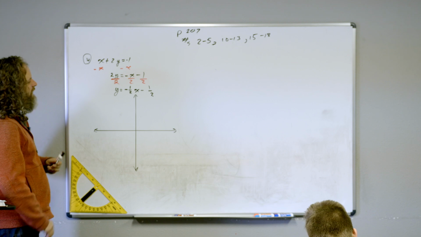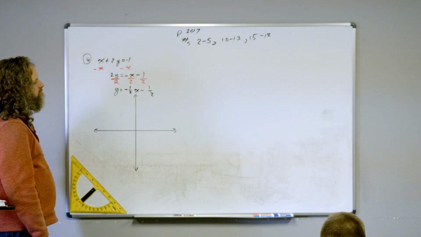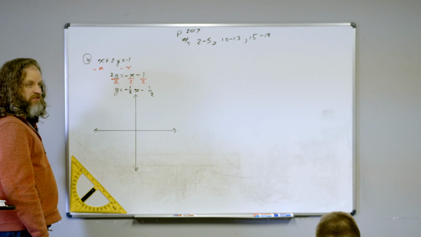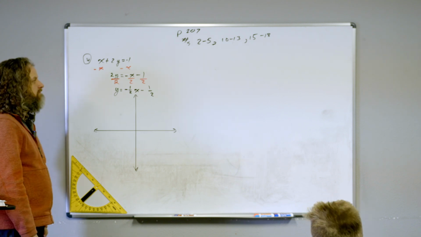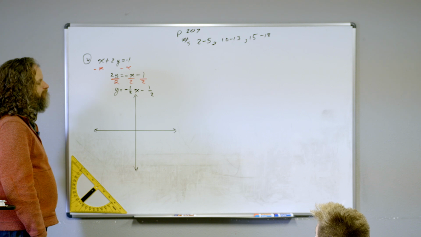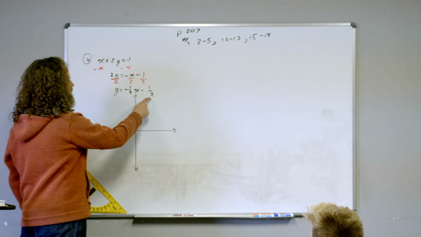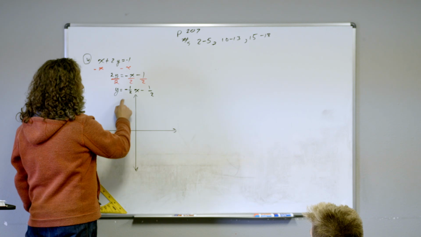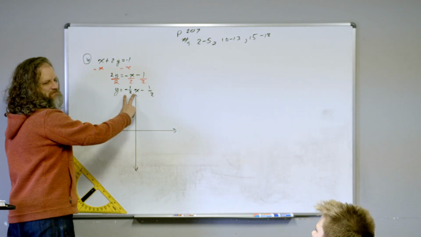Okay, so what do we do to graph it now? We'd have to go down. Which one of these do we start with? The negative 1/2 or the negative 1/2? What is this one?